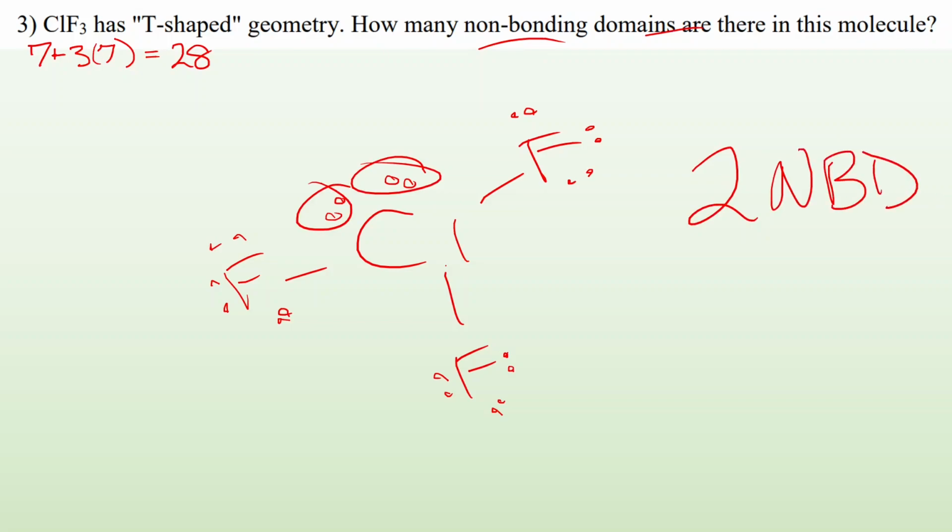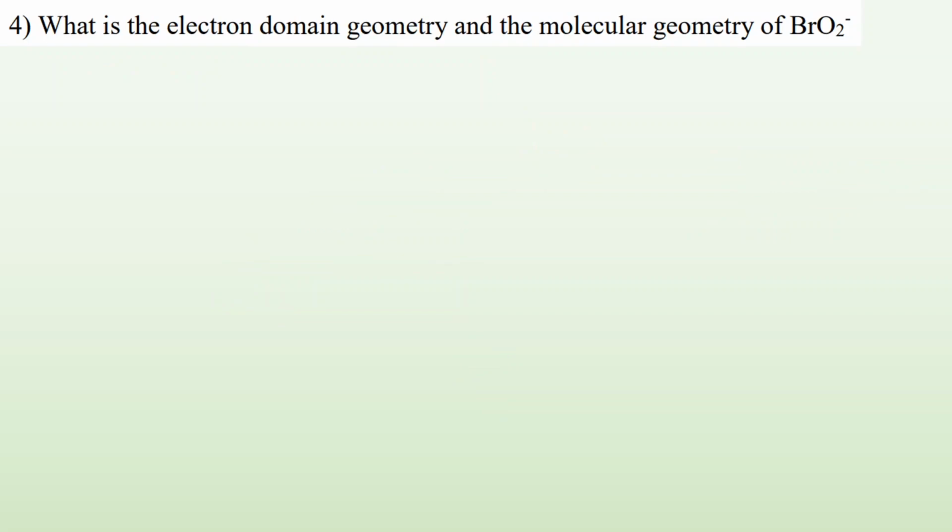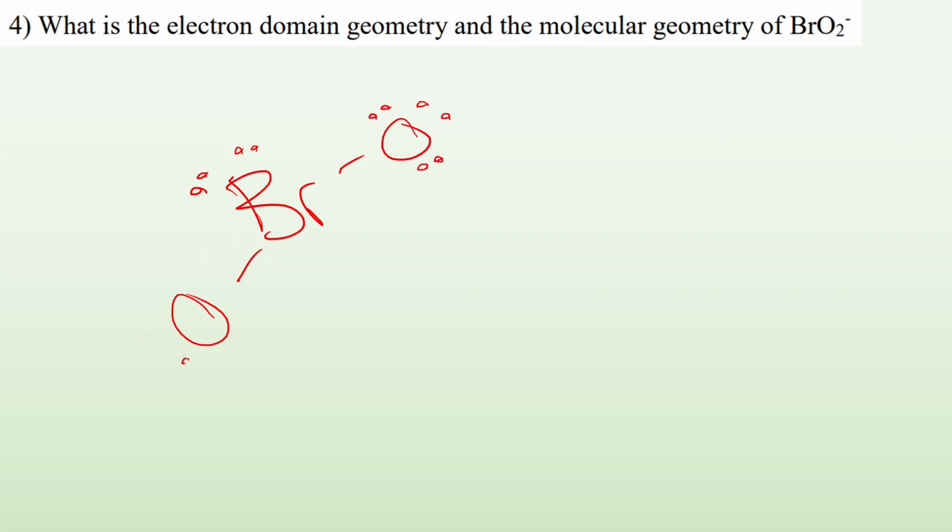No big deal. Number 4, what is the electron domain geometry and the molecular geometry of BrO2-? So same process of figuring out what the Lewis structure is going to look like. You count up the valence electrons, you finish the octet. Each oxygen has 6, so there's 12, plus 7 from bromine brings us to 19, plus the 1 from the minus gives us 20.